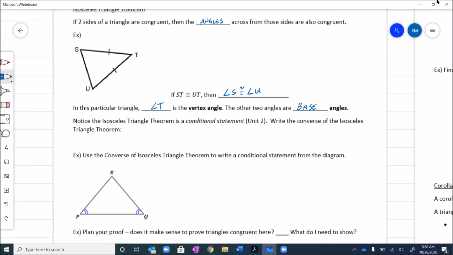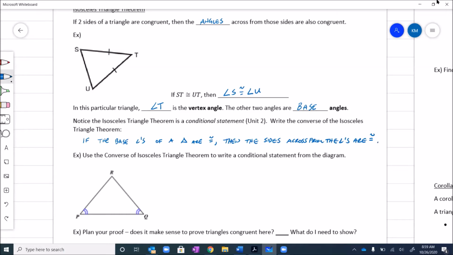So if we were to write that as the converse, instead of saying the angles across from them, because it refers to the sides, we can say if the base angles of a triangle are congruent, then the sides across the angles are also congruent. Okay, and that's what our converse would say.